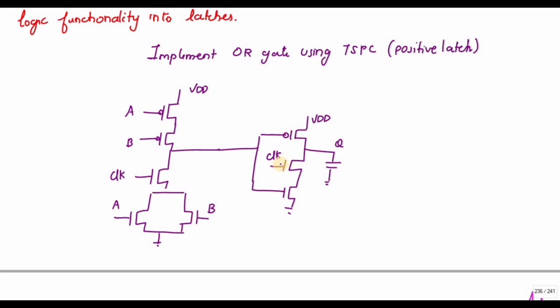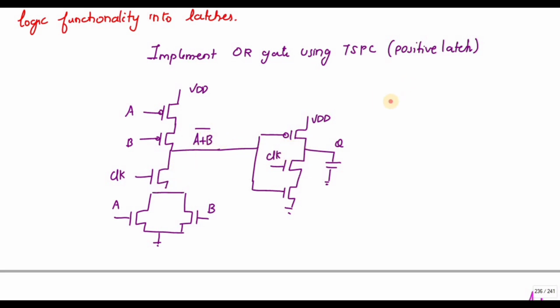Okay. So to implement the OR gate, here I have constructed the NOR gate. So if I want to construct the NOR gate, A plus B means it has to be connected in parallel. So if NMOS is connected in parallel, PMOS should be in series. Okay. So this is my A bar and this is the inverter.